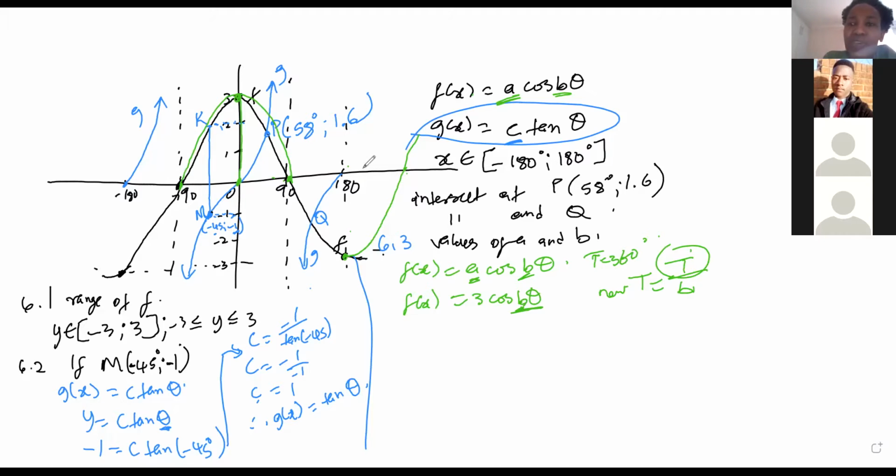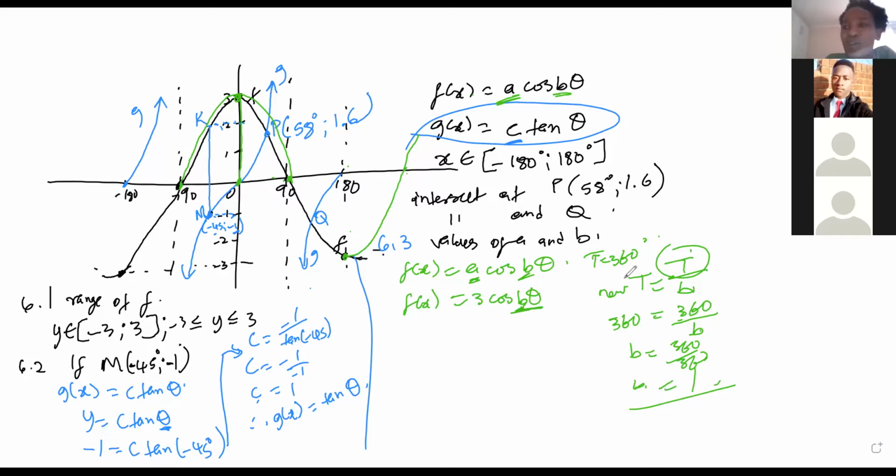The original period for the cos graph is 360, divided by B, so B is 360 over 360, which is 1, because nothing changed on the period.